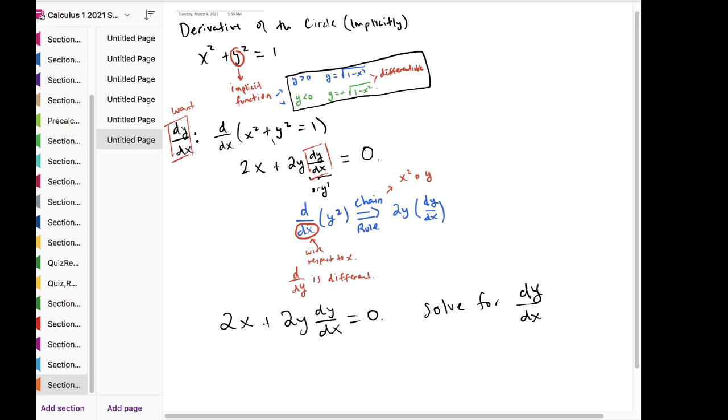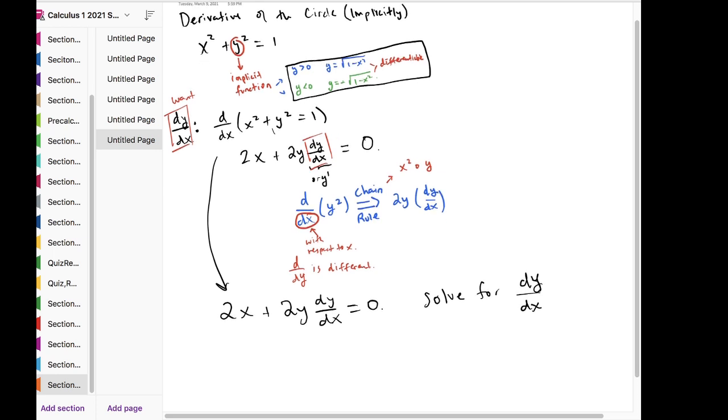See what I'm doing here is I have this equation x squared plus y squared equals 1. And if I take the derivative of everything, it gives me an equation. Taking the derivative of a true equation gives a true equation.